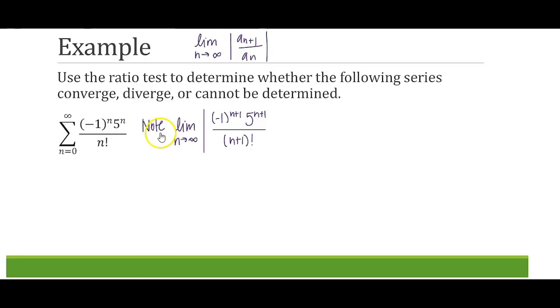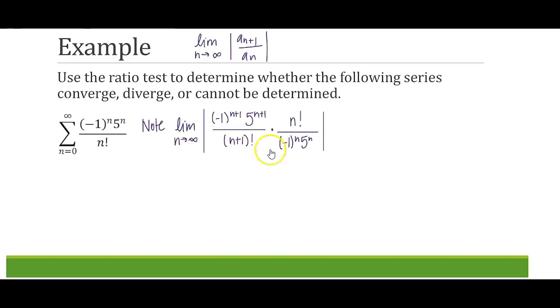So that's a sub n plus 1. Now what we want to do is divide by a sub n, which is a quotient. But instead of dividing by the quotient, let's just jump straight to multiplying by its reciprocal to skip that algebra step. So we have n factorial over negative 1 to the n, 5 to the n.